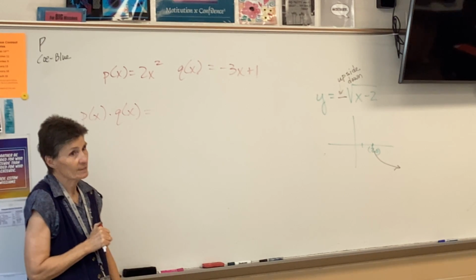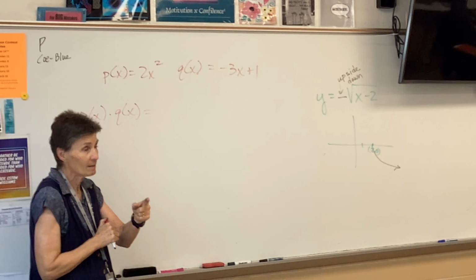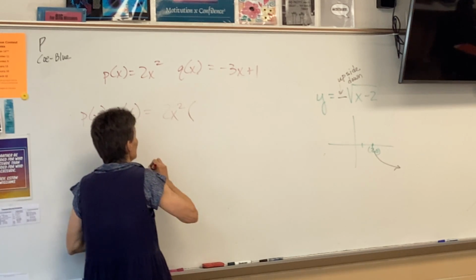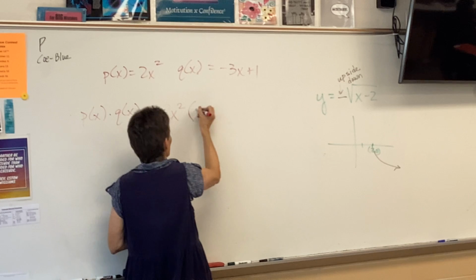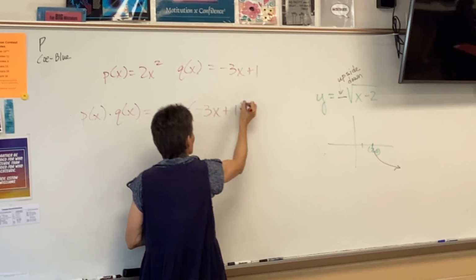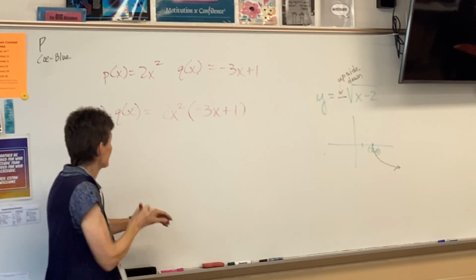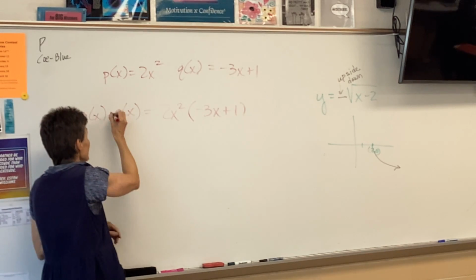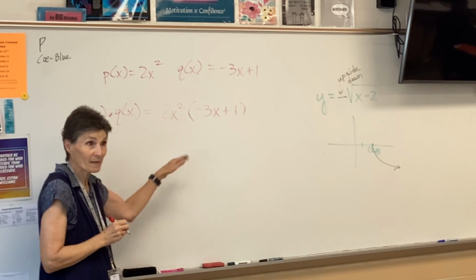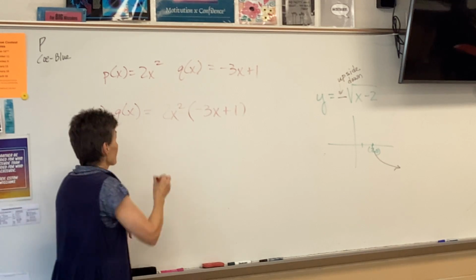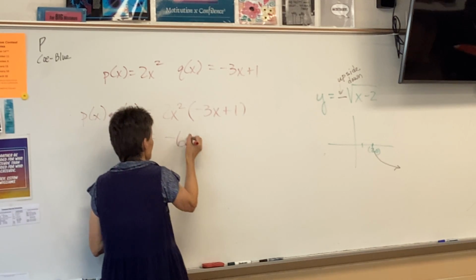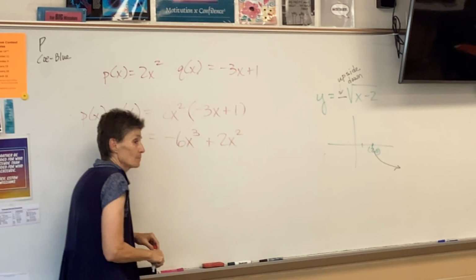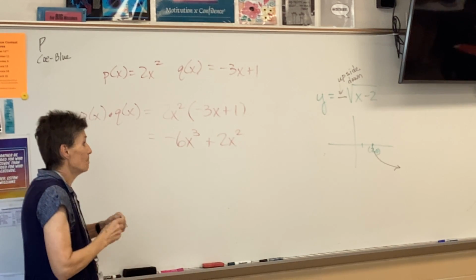This is not hard. This just says take P, which is 2x squared, and times it by Q. This is a multiply, so we end up just distributing. So negative 6x cubed plus 2x squared.